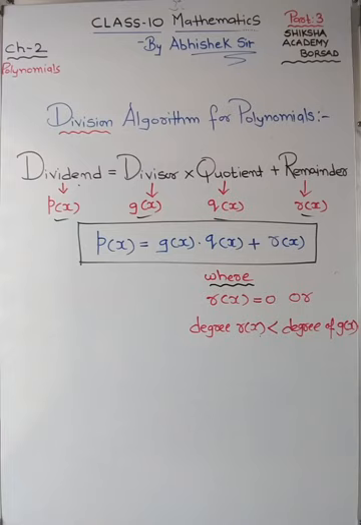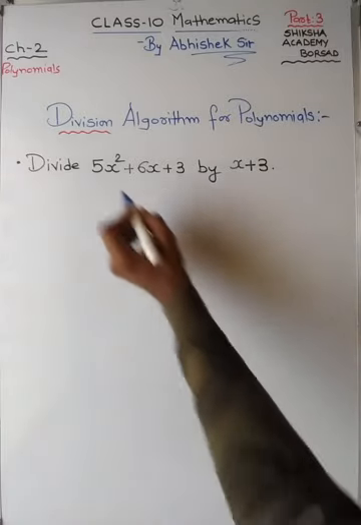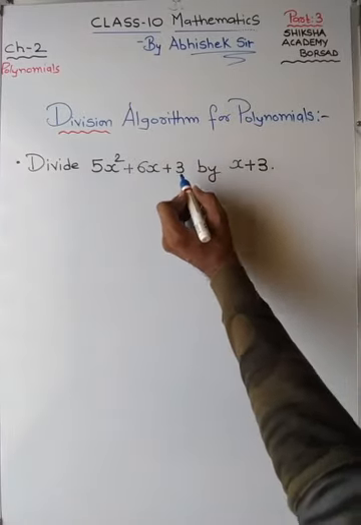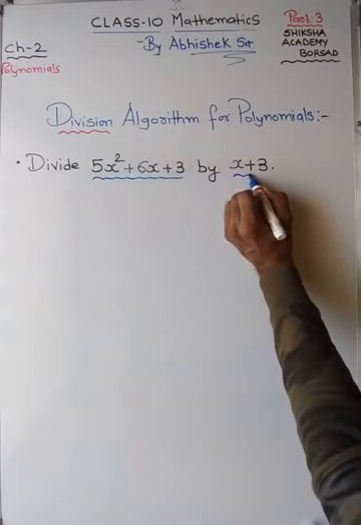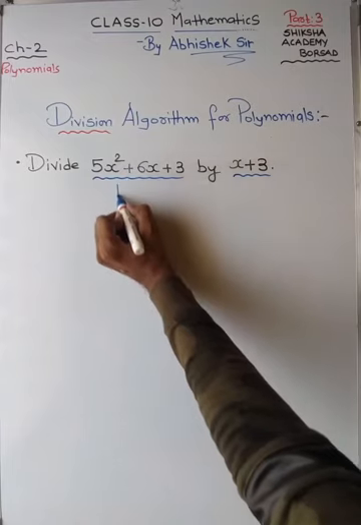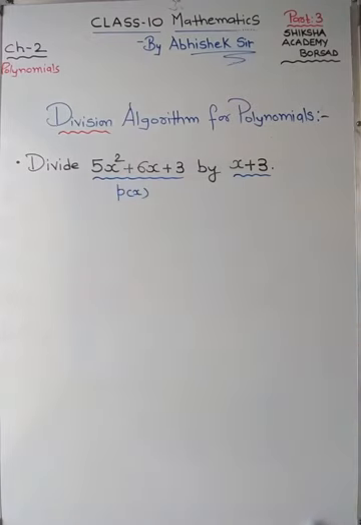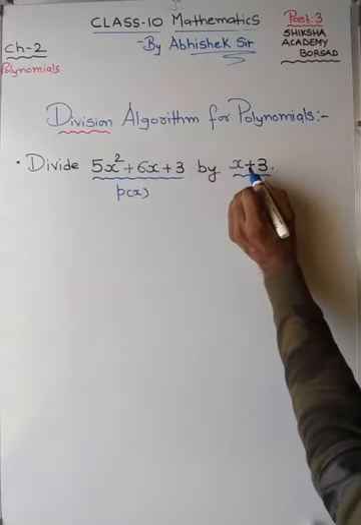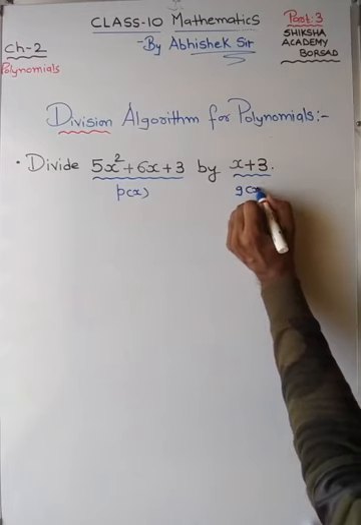So we shall start with the first example of the division algorithm. Divide 5x square plus 6x plus 3, that is a polynomial, by x plus 3, again a polynomial. This will be our p of x, and we have to divide p of x by x plus 3, which will be g of x.